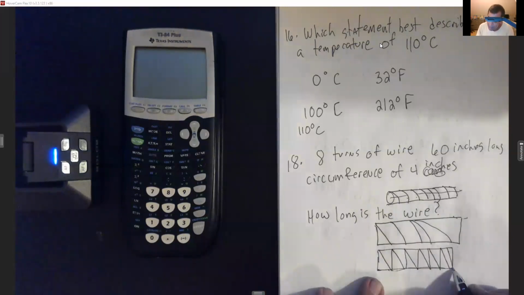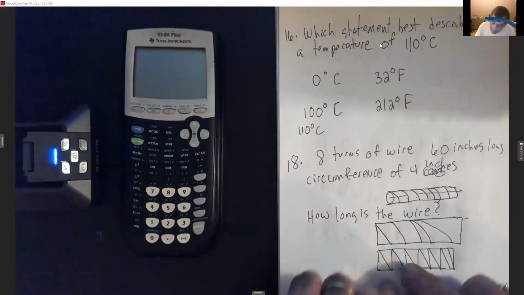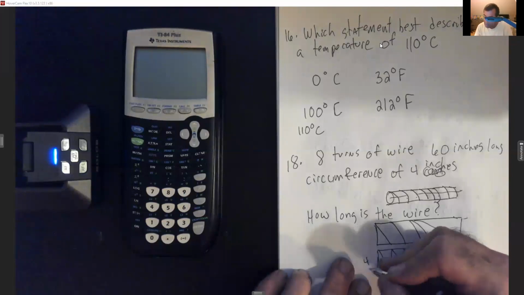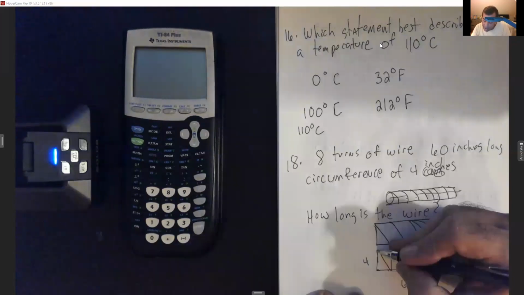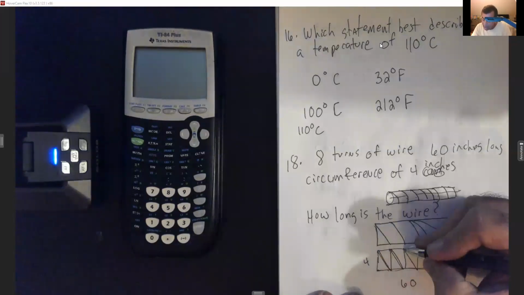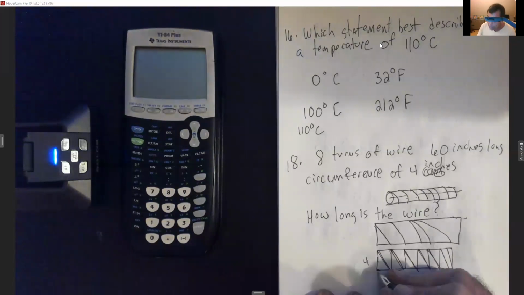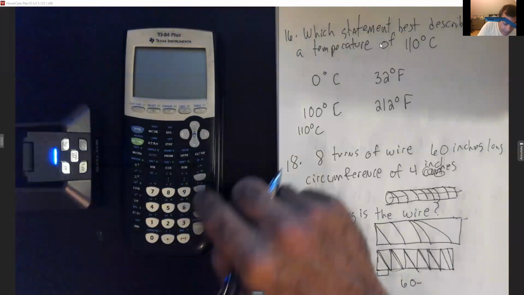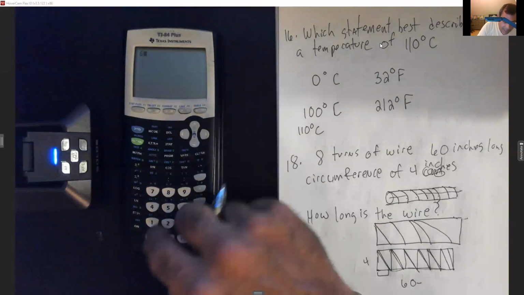Now check this out. I knew this side was 60 inches long, and I now know this is 4 inches wide because that was my circumference. And if I cut it open, what I'm looking for is how long are these diagonals going down like that. So there were 8 of those diagonals. So to get the length of each one of these little triangles, I'm going to do 60 divided by 8.